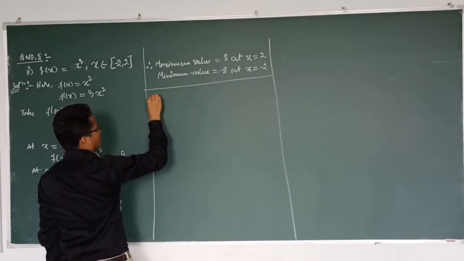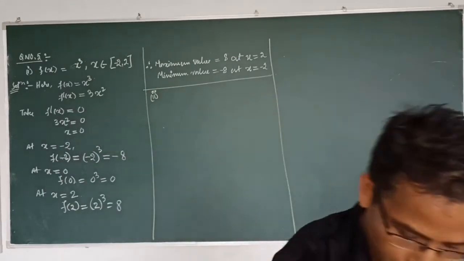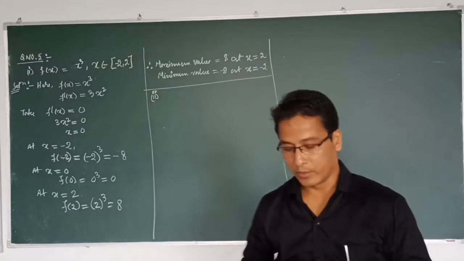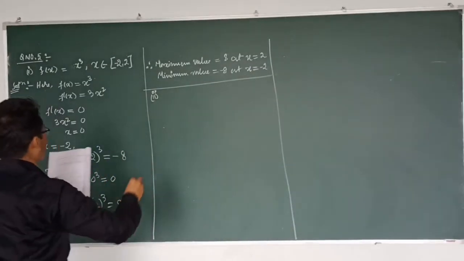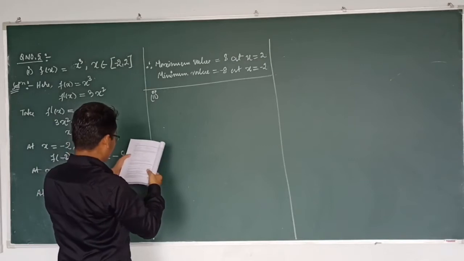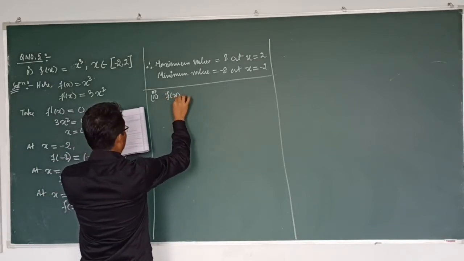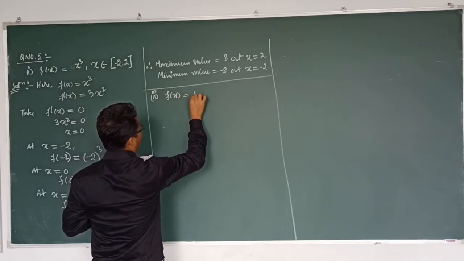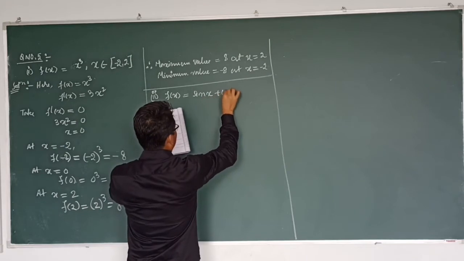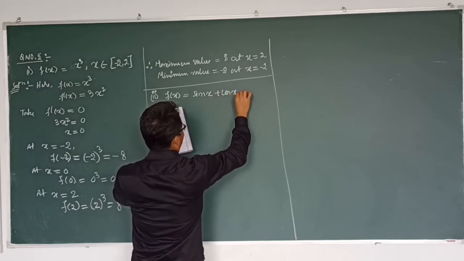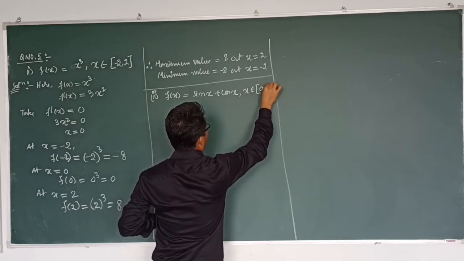Now let's see Roman number 2, question number 5. Here f of x is equal to sin x plus cos x, and x belongs to 0 to pi.